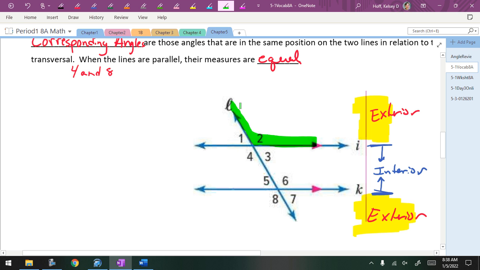You should say, okay, angle 2 is above and to the right. Down here, which angle is above and to the right? 6. If Miss Hoff traces 6, do you see your upside down F? Okay, so 2 and 6.